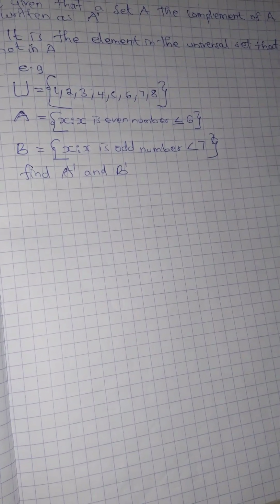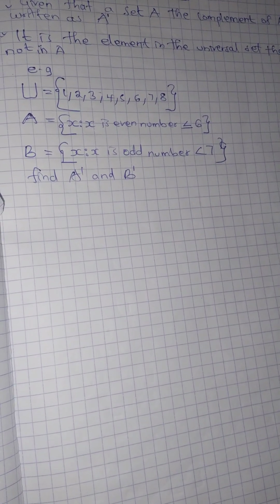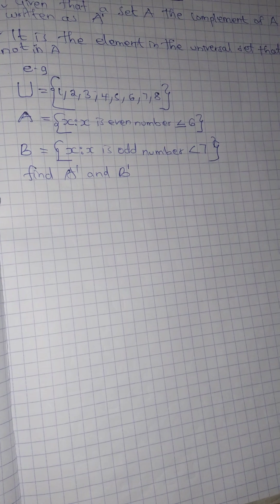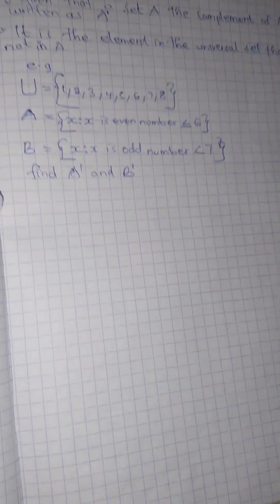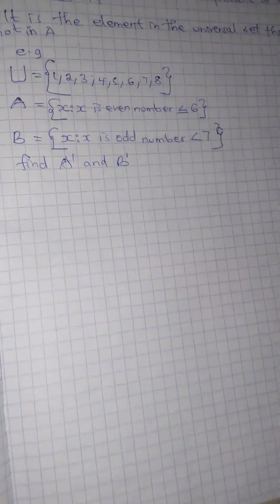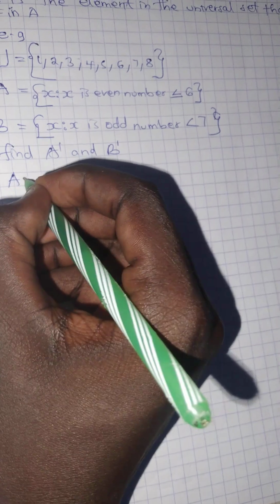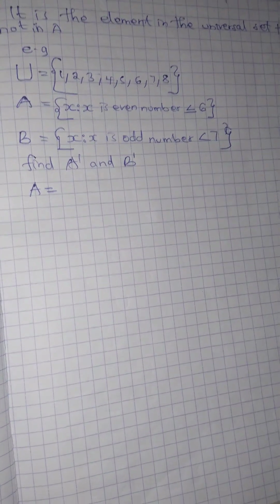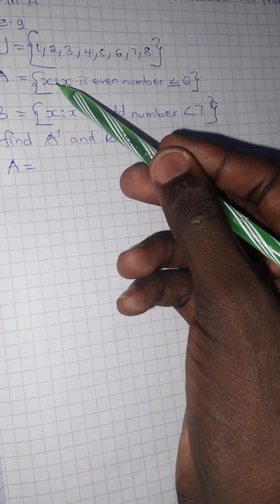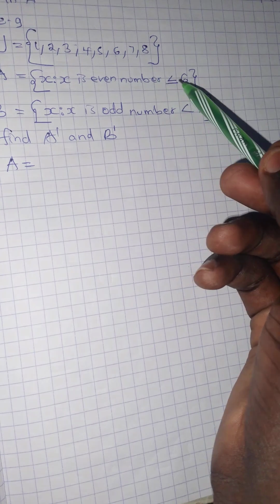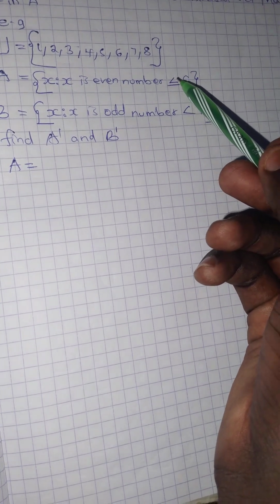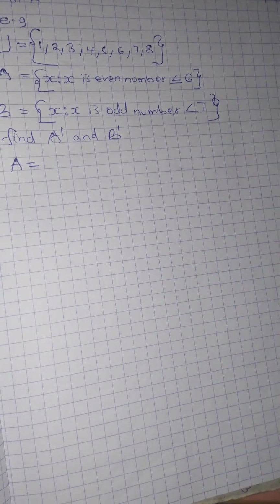We'll start by listing the elements in set A and the elements in set B. The elements in set A: X is such that X is an even number less than or equal to 6.